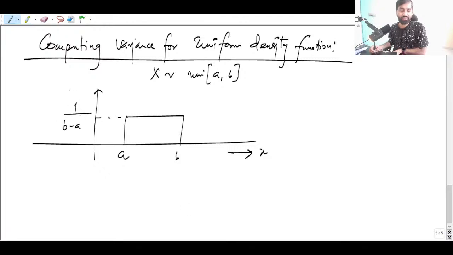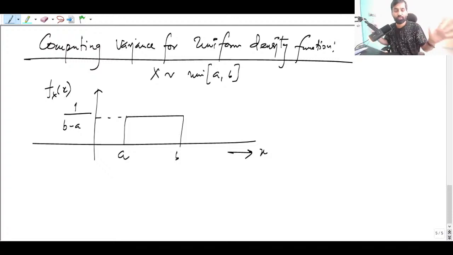This is the style of the questions: the moment you read the question, you have to quickly plot these things. Don't waste your time waiting for somebody to tell you to sketch; you should be able to plot the density function immediately.